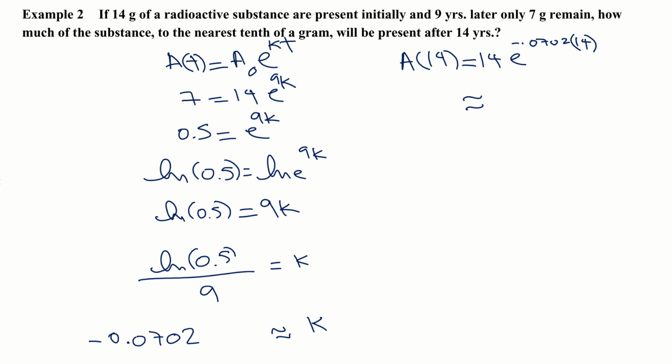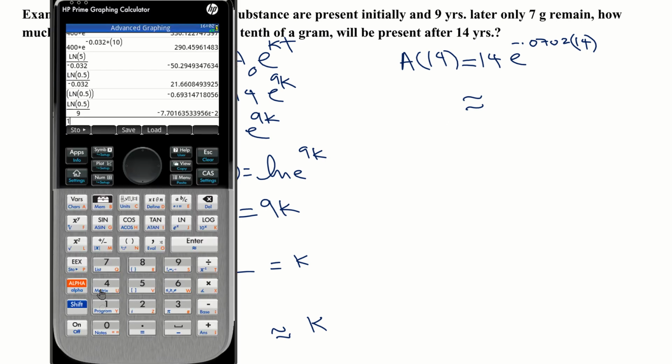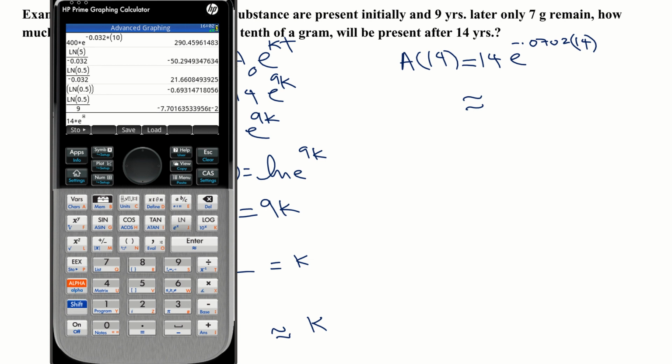All right, and so we end up with approximately 14 times e to the power of negative 0.0702 times 14.